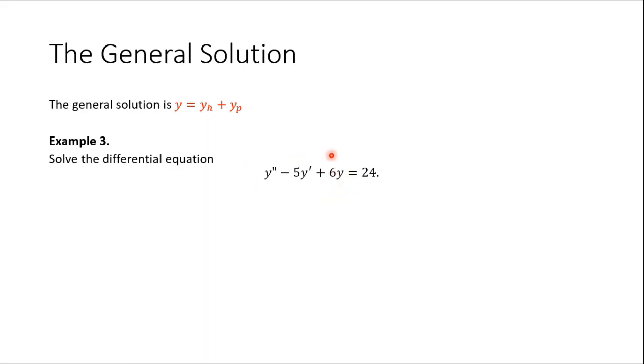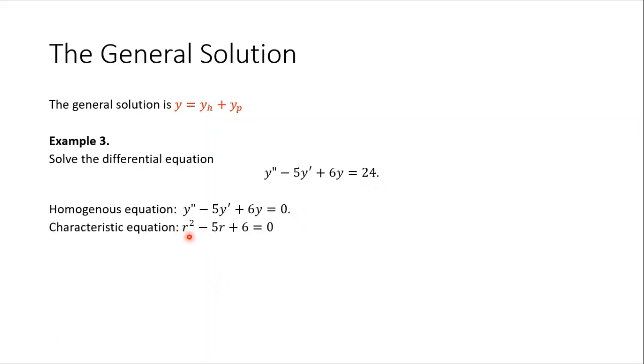Okay, let's see this differential equation. As usual, we have to find the characteristic equation. How to find the characteristic equation? Of course, we let the solution y be c times e to the power of rt. The first step is to find the homogeneous solution, and this is the homogeneous equation, where the right hand side is equal to 0.